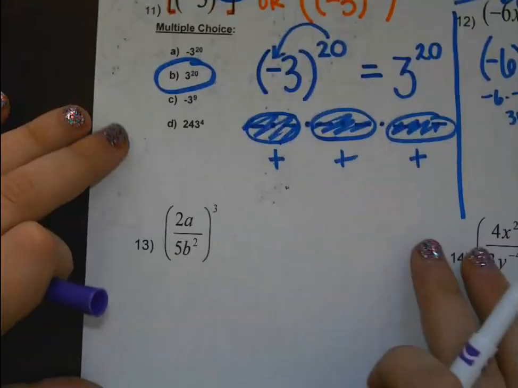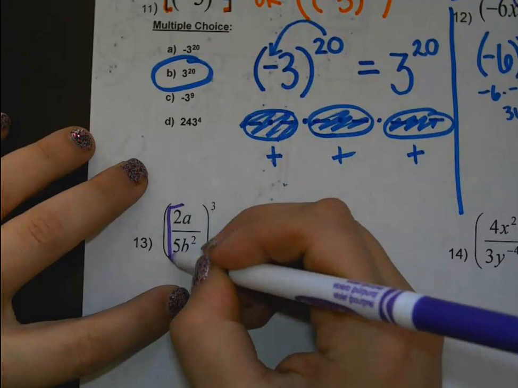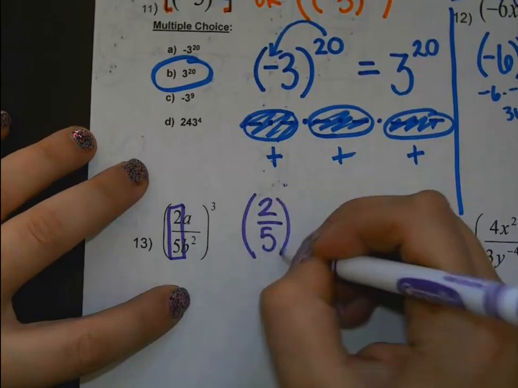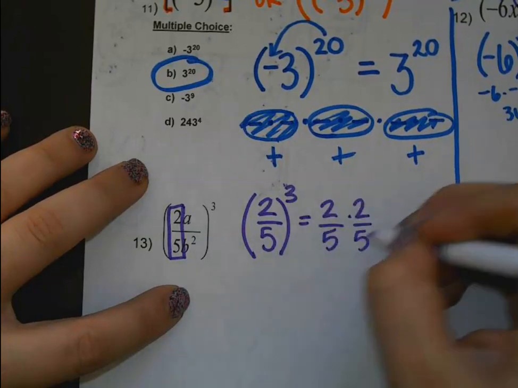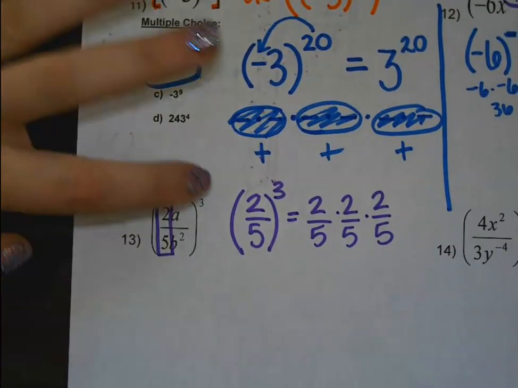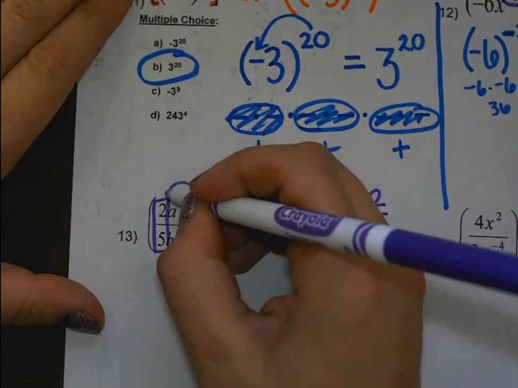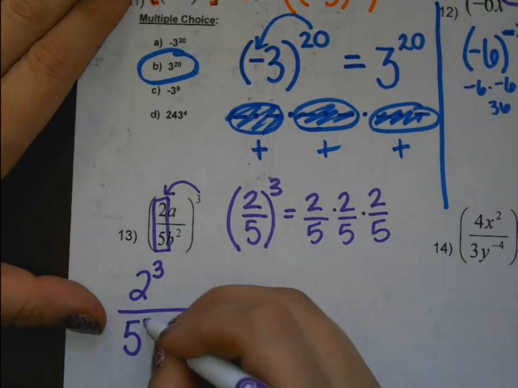All right, let's take a look at the next one here. So this is 2/5 to the 3rd power. So that's 2/5 times 2/5 times 2/5. So because the whole thing goes to that exponent, we could just distribute this exponent and we could do 2 cubed and 5 cubed in our calculator.